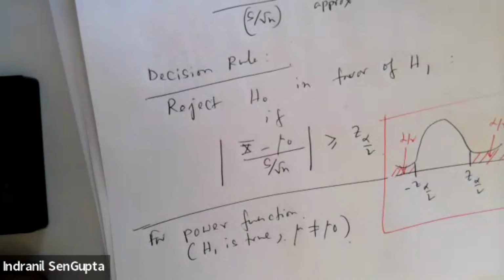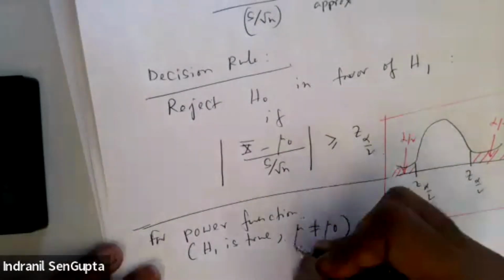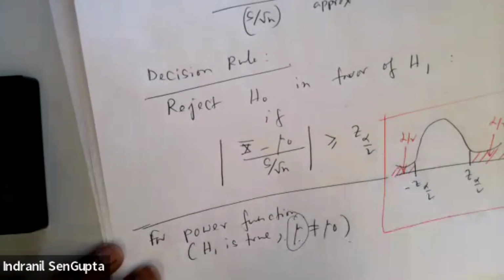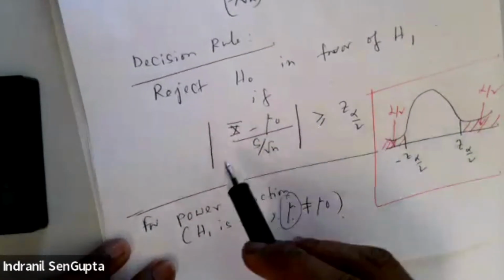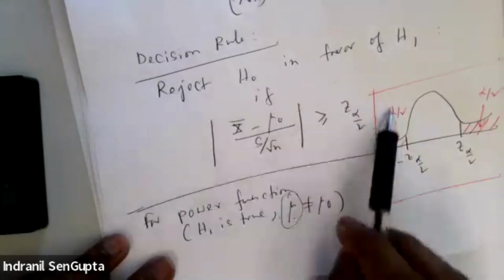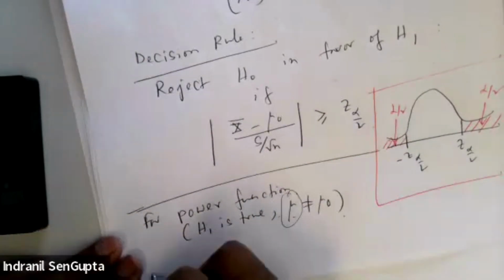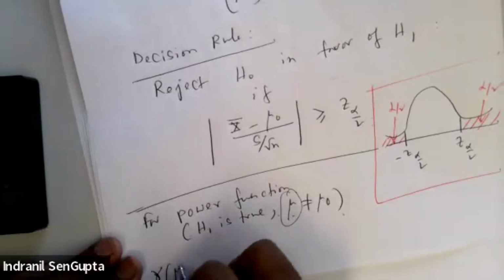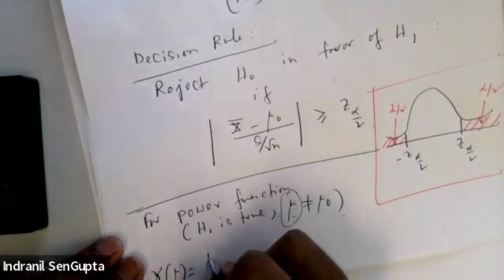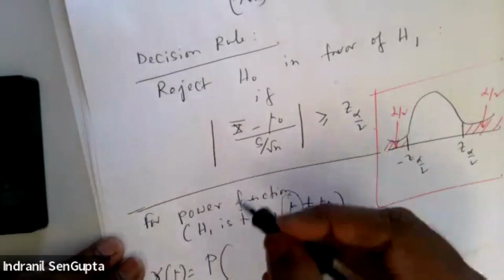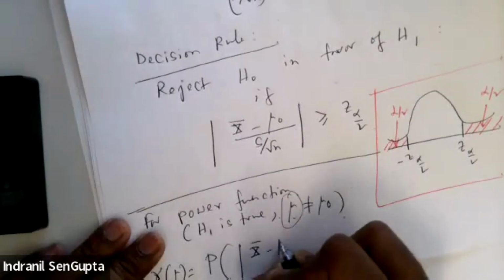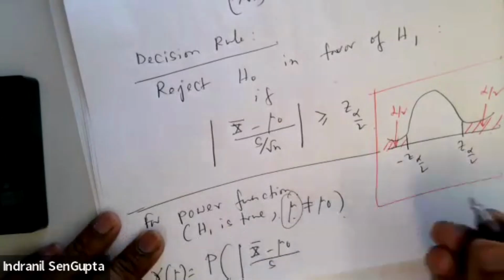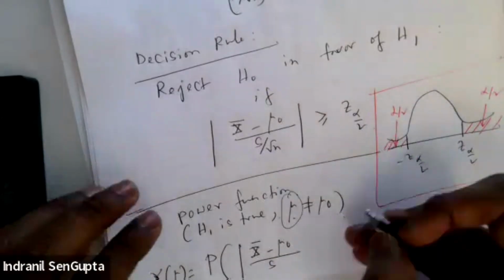So what will happen in that case? In this case, the expected value is just mu, right? Now, what do you have? We are rejecting when this is true. So let's compute this. Gamma of mu is the probability of (x bar minus mu) over s over square root of n.